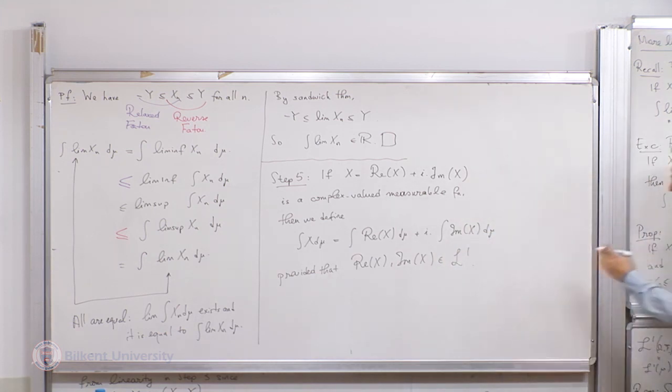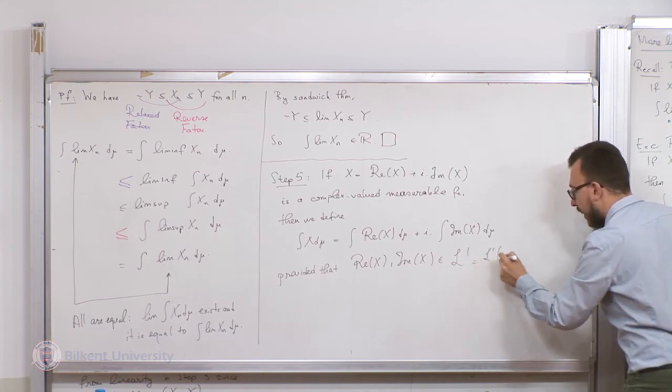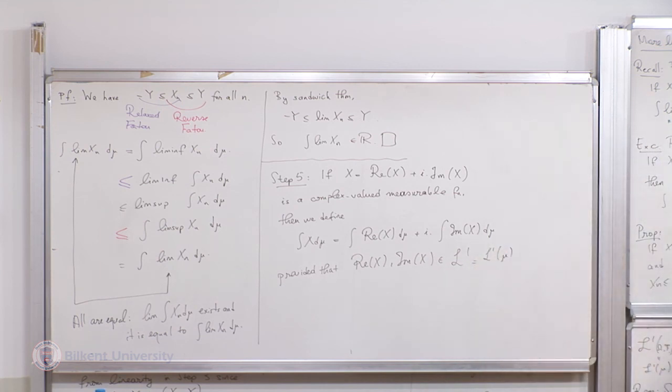So when I write L1, it is always L1 mu, okay? Since mu is fixed in our setting, I don't write it too much.